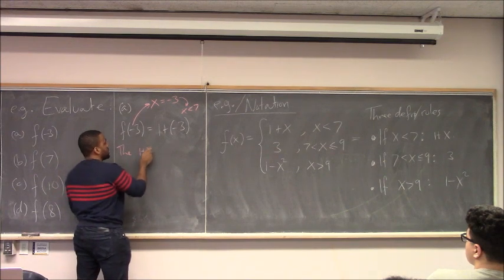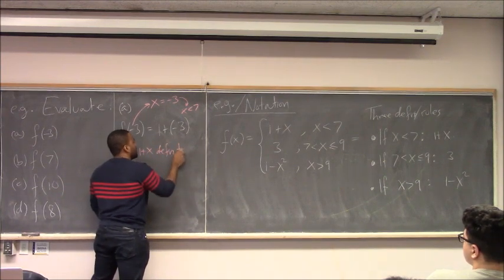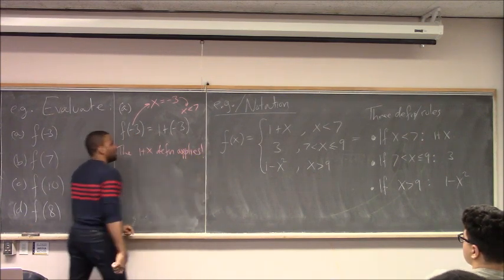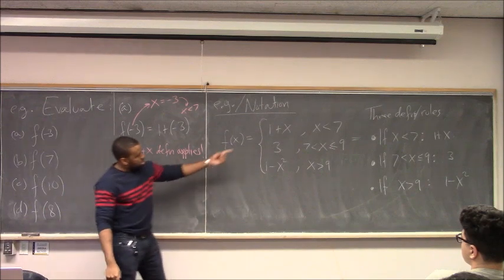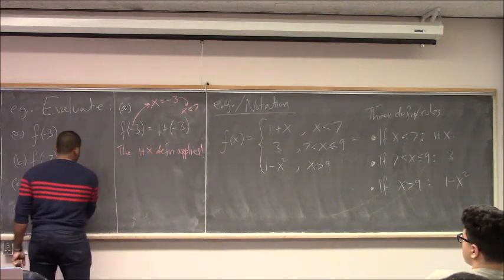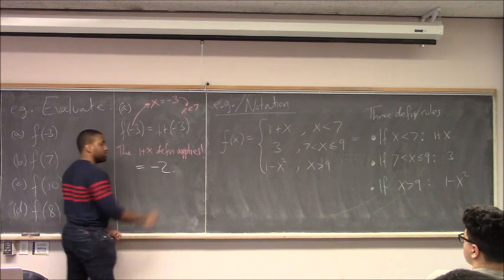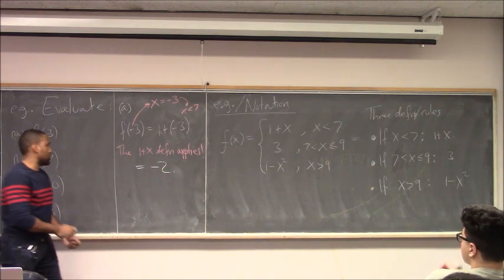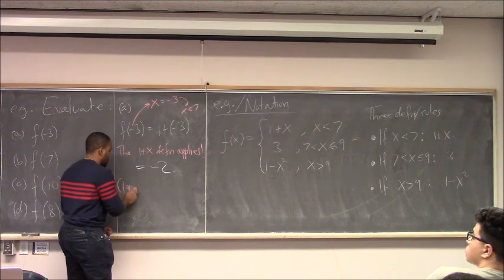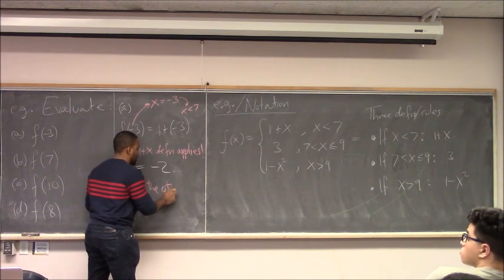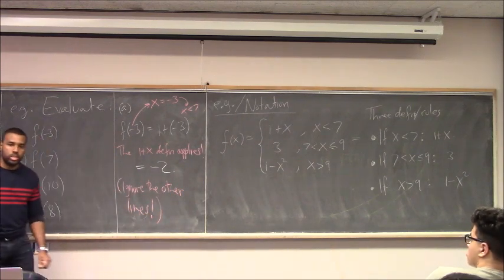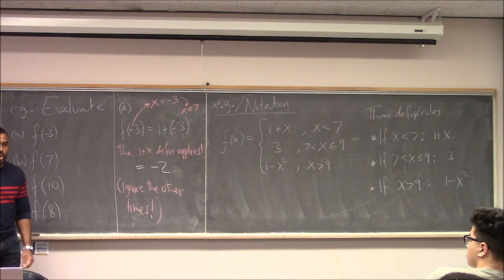The 1 plus x definition applies here, and I would take 1 plus x, which in this case is minus 2. You ignore all the other definitions. At any given time, only one definition takes effect, because it's a function. You can only have one output.